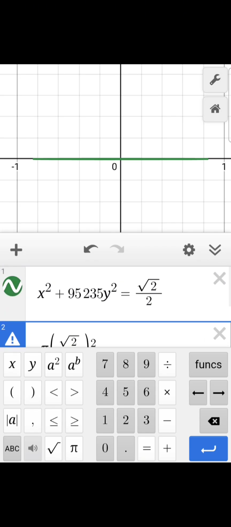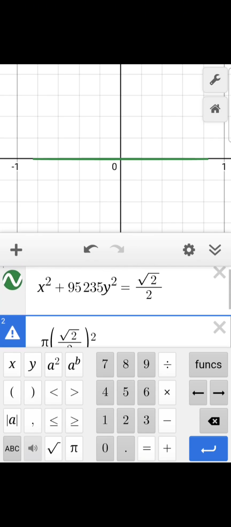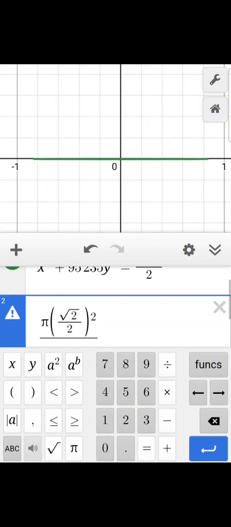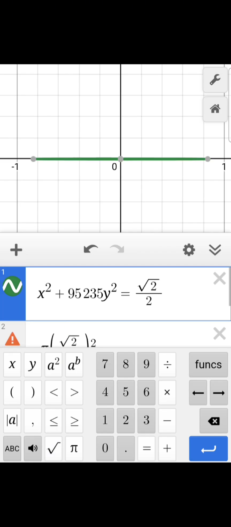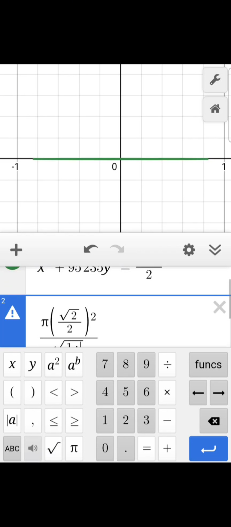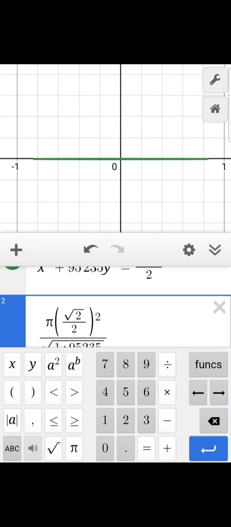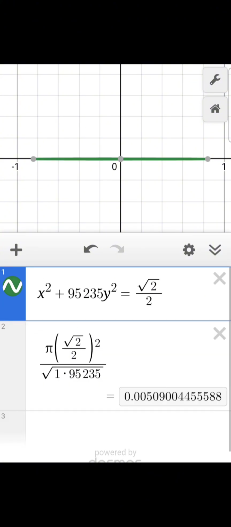And then finally our a and b. Here, even though there's nothing beside x, that's automatically times 1. So we can say 1 times this absurd number we have here. So we have 95,235. Now look at this. 0.0050900445558.